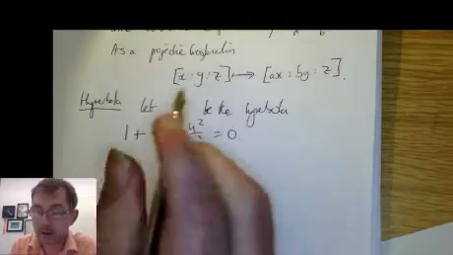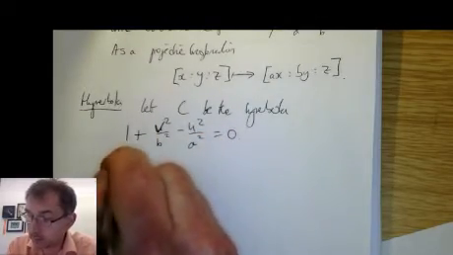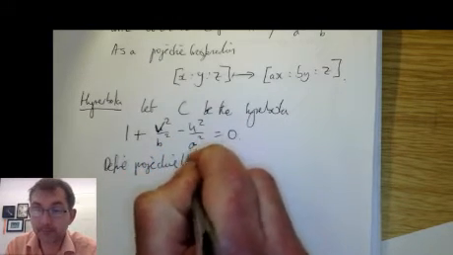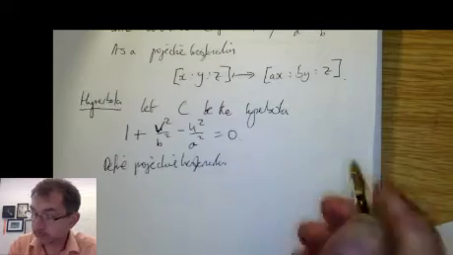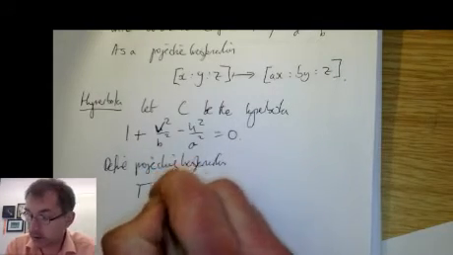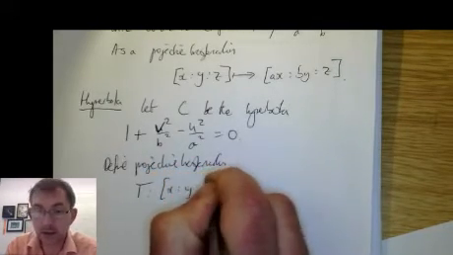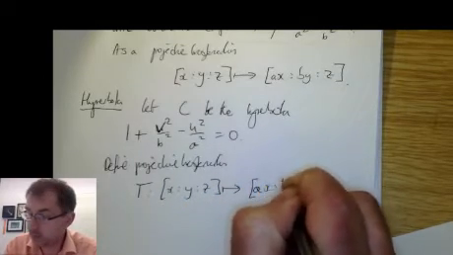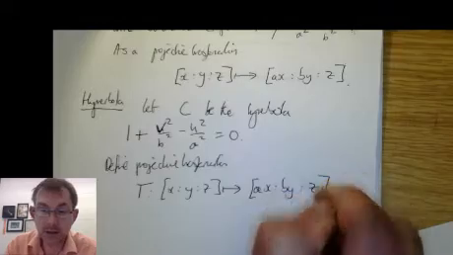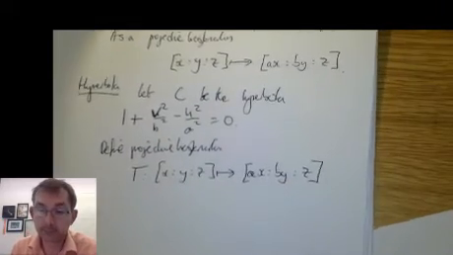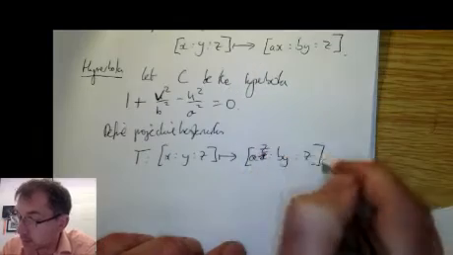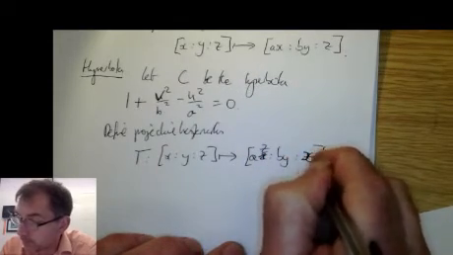And then define the projective transformation T, which sends x, y, z to az, by, x.